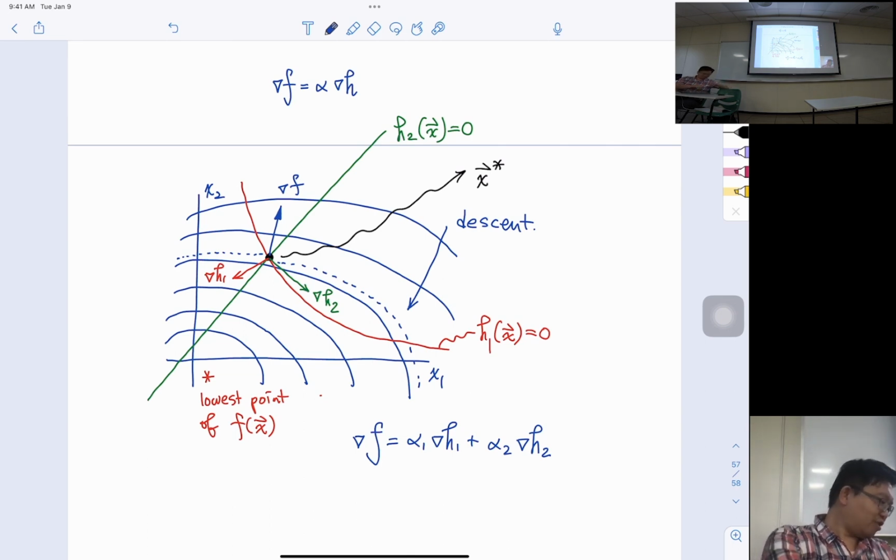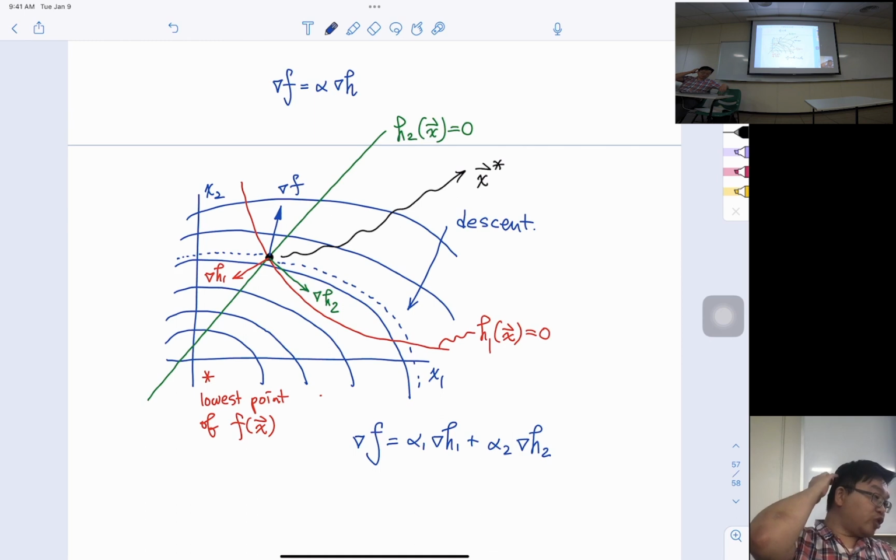You can definitely find some coefficients in front of h, and the sum of them eventually equals the gradient of f. It's doable. So when there's an equality constraint problem, and if the solution exists, you can always have an equation like this. The only problem is you just don't know the weighting coefficients.